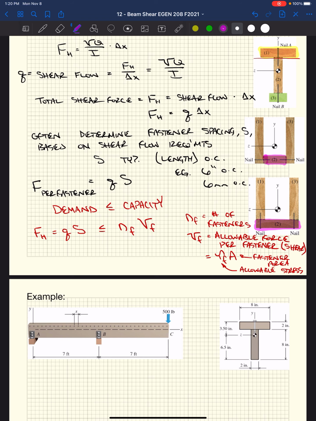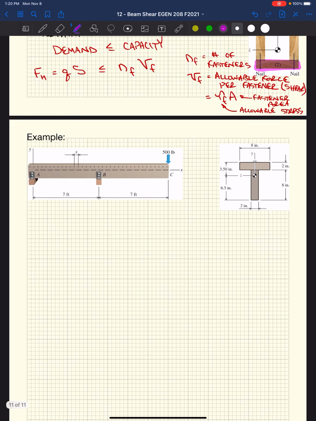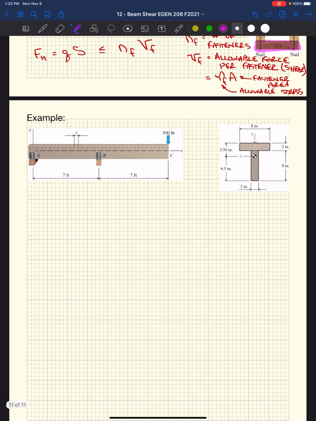All right, let's do an example here real quick about shear flow and fasteners.